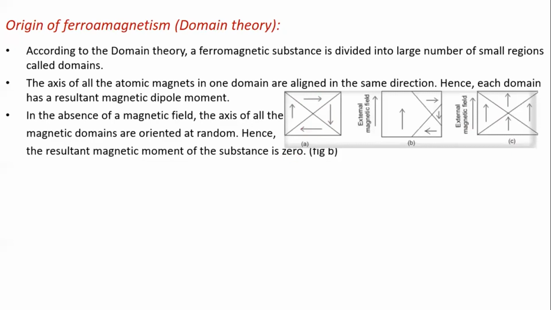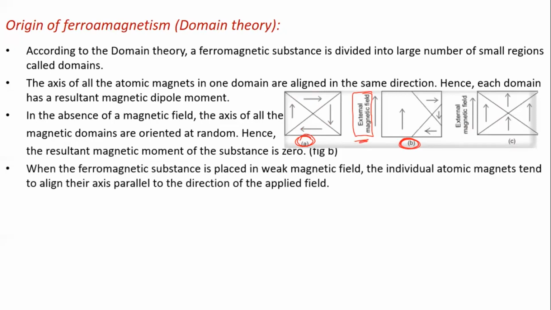Now this is the picture in the absence of a magnetic field. Now you can see picture B, in the presence of a magnetic field. This is a weak magnetic field. When a ferromagnetic substance is placed in a weak magnetic field, you can see the direction of the magnetic field here is upward.